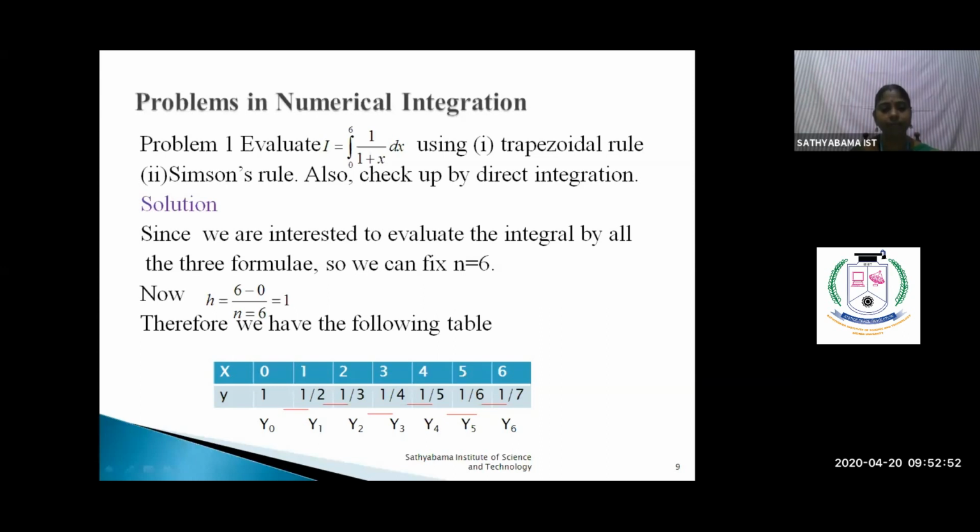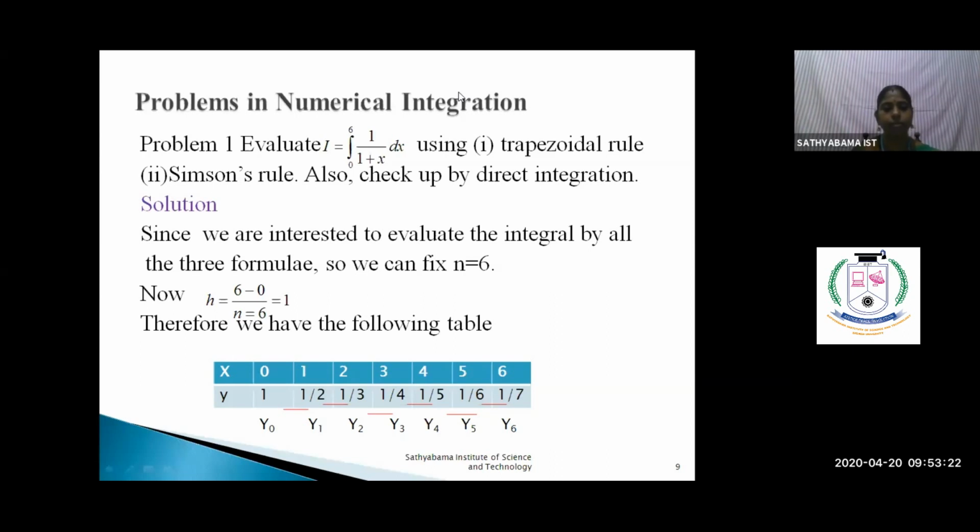After writing that, you must write the values: what is y0, y1, y2, y3, y4, y5, y6? Under that, I have written y0, which is 1; y1 is a half; y2 is 1 by 3; y3 is 1 by 4; like this y4, y5, y6 were written here. Now you can look at the intervals also, marked in the red line.